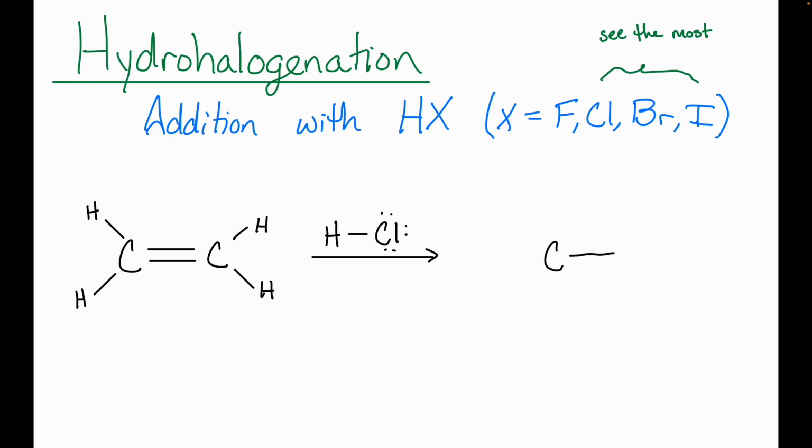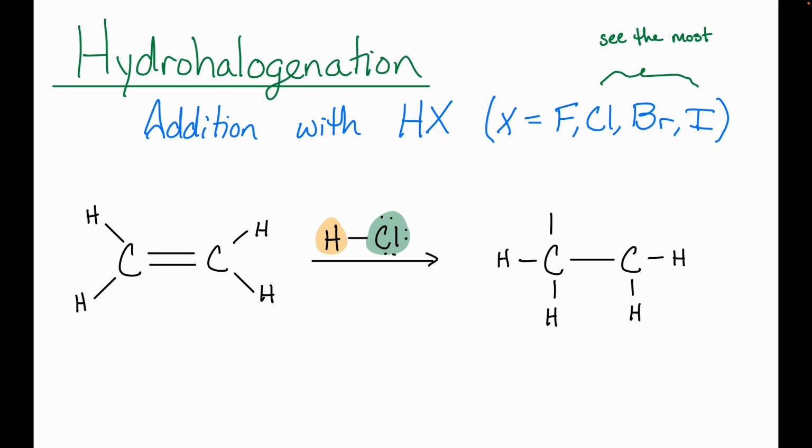All right, so now I have my carbon-carbon single bond. All right, the main difference, and we're going to see this is where the complication arises, is you're not adding the exact same thing to either side of that double bond. On one side, you're going to stick your hydrogen from your hydrohalogen.